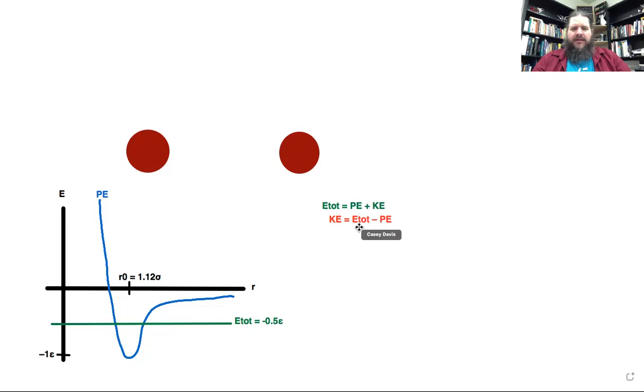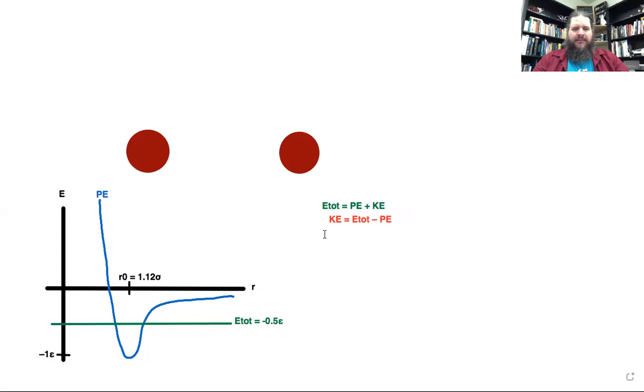But they are related in this fashion, that the kinetic energy is always going to be the total energy minus the potential energy. And we could, for instance, just fill in some values. We know when potential energy is a certain value, kinetic energy is going to be E total minus that value. So for example, at that lowest potential energy, we know that the potential energy at R naught is -1 epsilon.